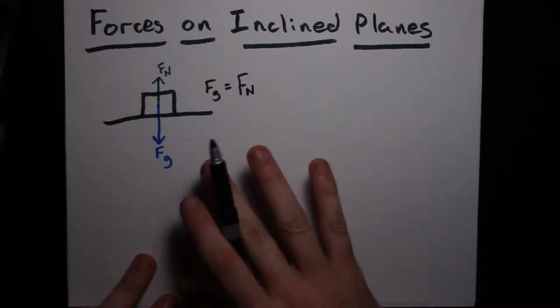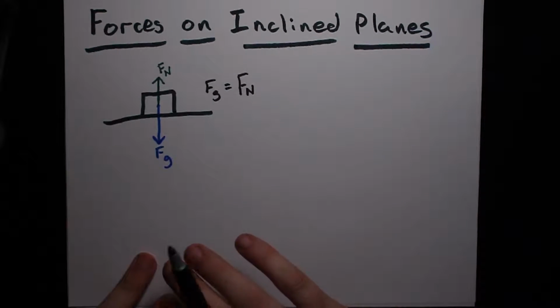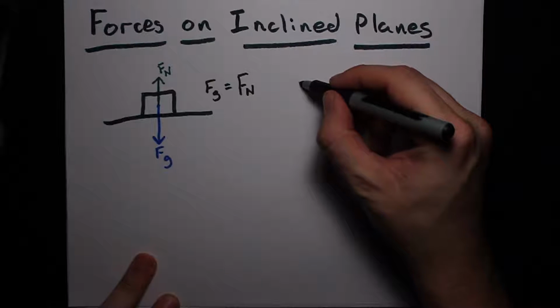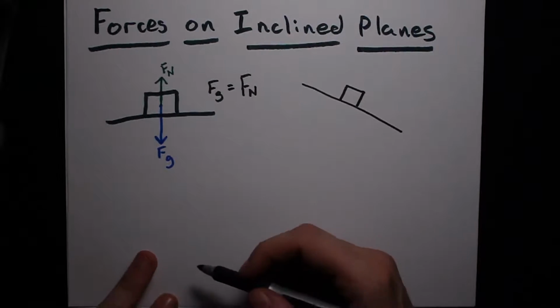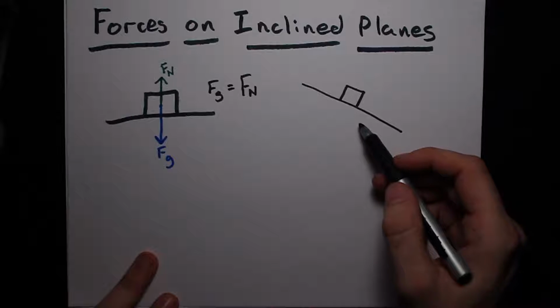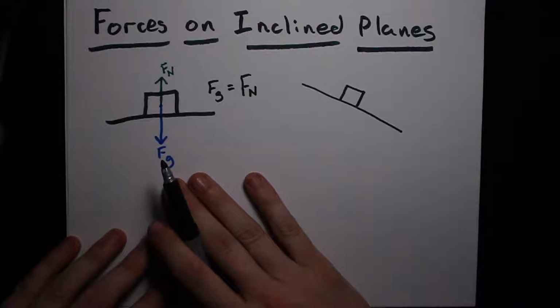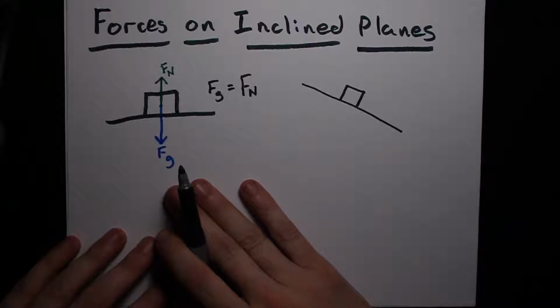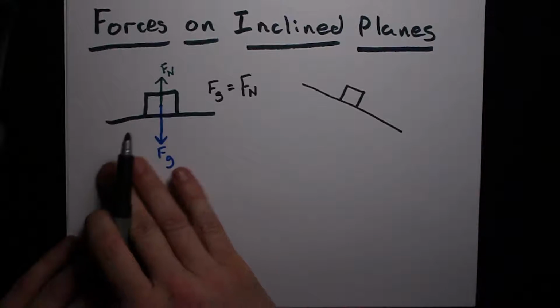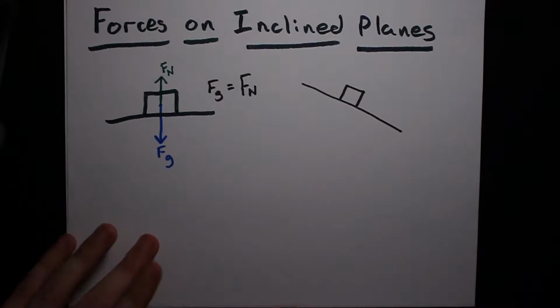Now, let's use that and move on to forces on inclined planes. Whenever you put something on an inclined plane, it changes the dynamics of how the forces work. It doesn't work the same as this anymore. But there are still concepts from here that do carry on to over here.